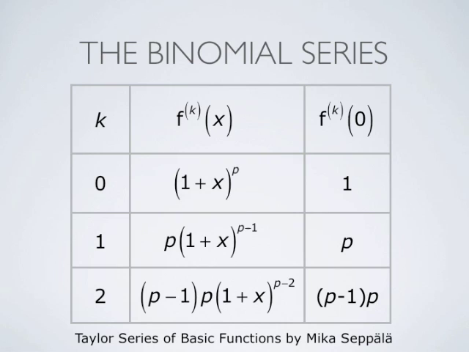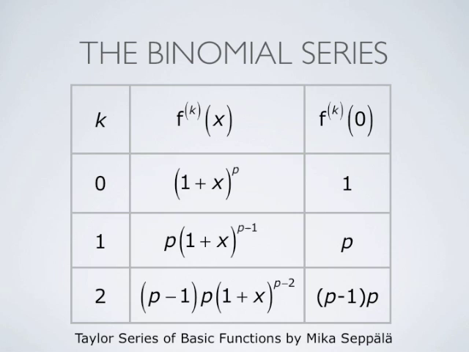The function f is (1 plus x)^p. Its value at the origin is just 1 to the power p, which is 1. Its first derivative is p times (1 plus x)^(p-1). The value of the first derivative at the origin is p.